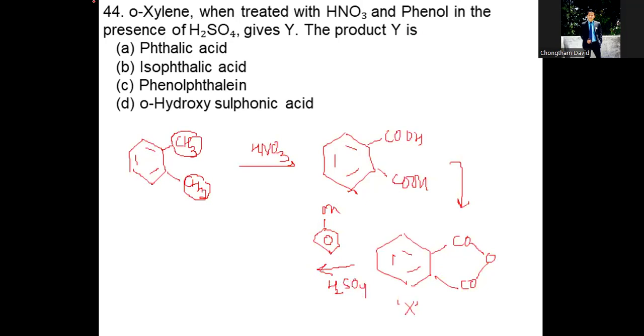Sulfuric acid. See, sulfuric acid is given in this acidic medium. It now changes to an indicator, phenolphthalein. Right? This is the answer for the question. Phenolphthalein.